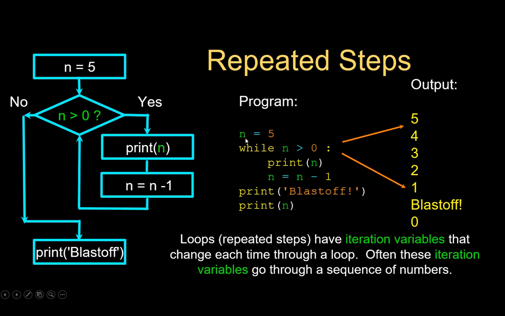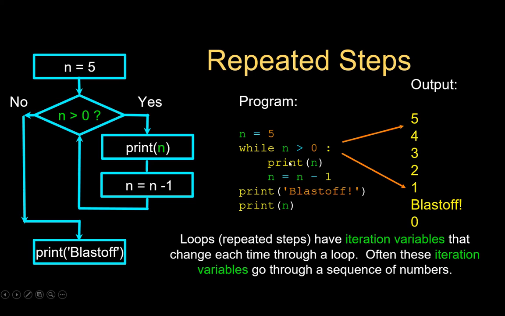At the beginning, we assign the number 5 to the variable n. The first time, it matches this condition, so we go to the operations mentioned here, and these operations will happen until the condition is no longer true. In other words, we will have one loop when n is equal to 5, another when n is equal to 4, another when n is equal to 3, 2, and 1.